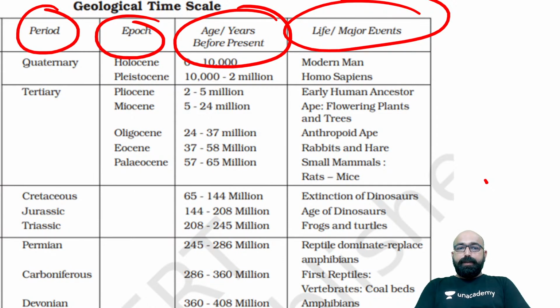Then quaternary period of Cenozoic era: Pleistocene and Holocene. Pleistocene is 10,000 to 2 million years before present time, Holocene between 0 to 10,000 years, and the major events like Homo sapiens and modern man.